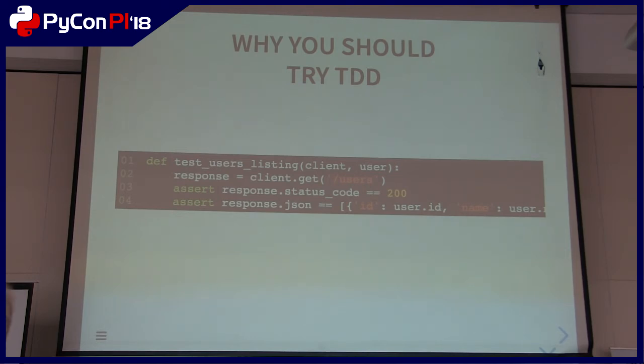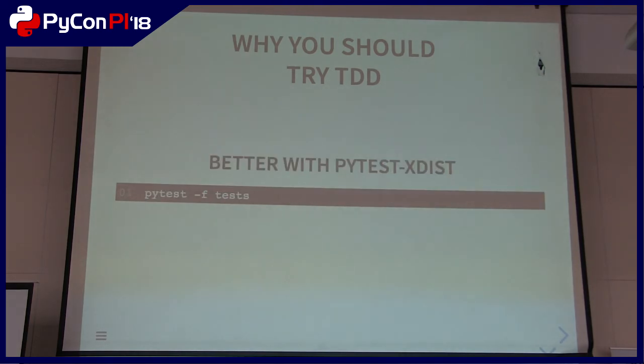So luckily, you will know if something fails just by running your test suite. Just fix it and go to the next feature. It would be even easier with the pytest-xdist plugin that has this loop on failure mode. You don't have to rerun it, you just call pytest -f.